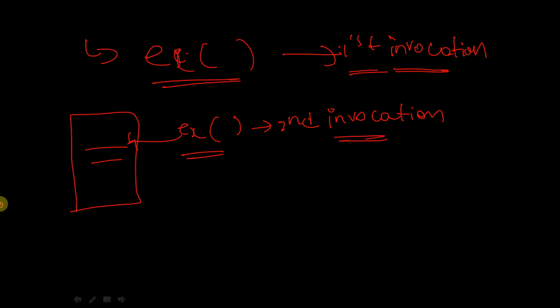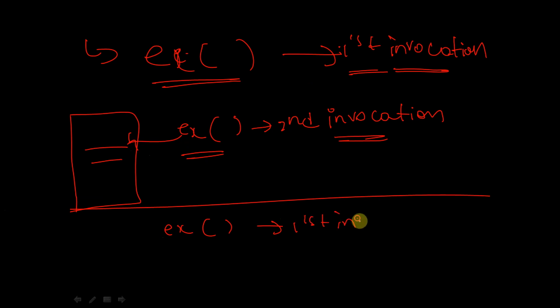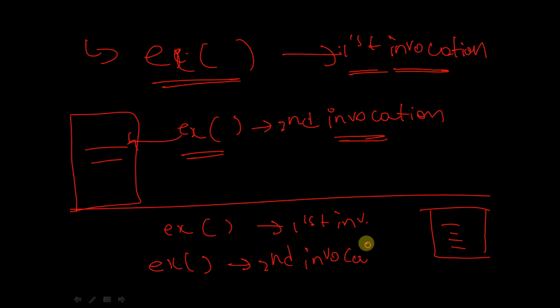But in the case of automatic task, when we have called the task for the first time, it is called first invocation. It will create a memory like this and all the members will be stored inside this memory. And when we have called this task for the second time, that is second invocation, then what happens? It will not refer to the memory which was created by the first task call. It will create its own local memory, and all the variables, all the members inside this task will be reinitialized.